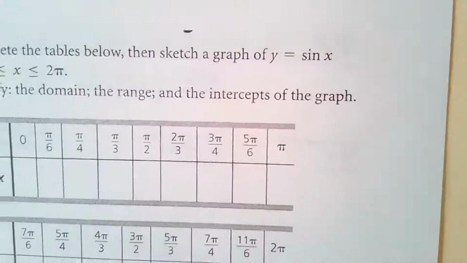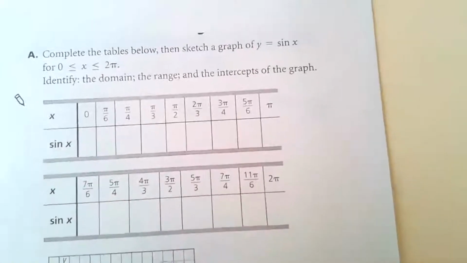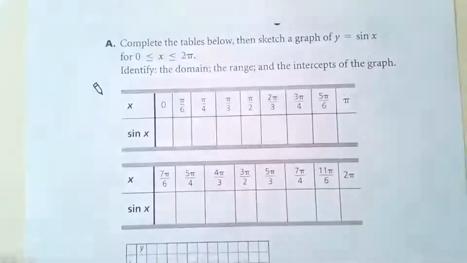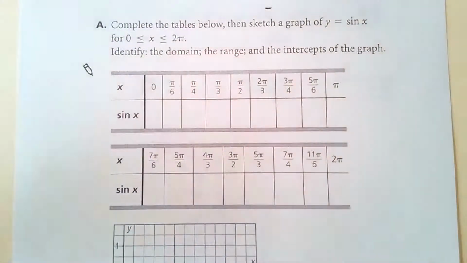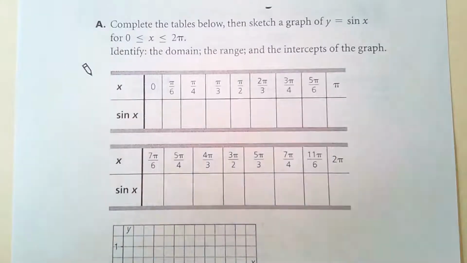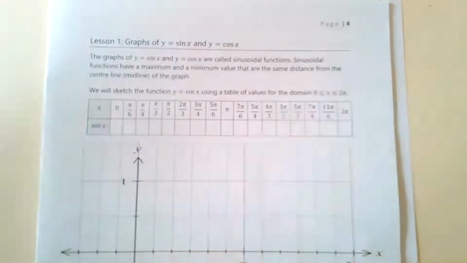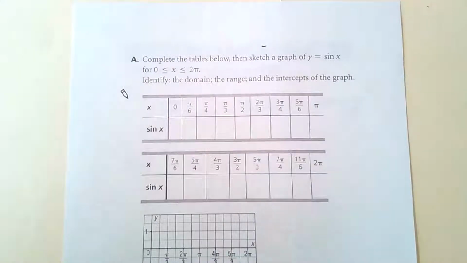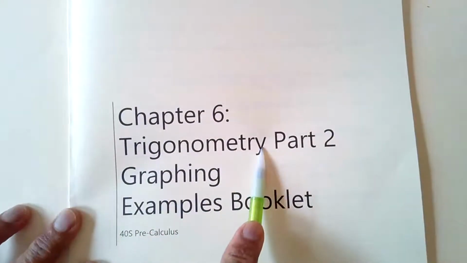So let's look at the first one. We're going to sketch the graph of y equals sine x. By the way, this is in your booklet, on page 4, chapter 6, part 2 for trig.